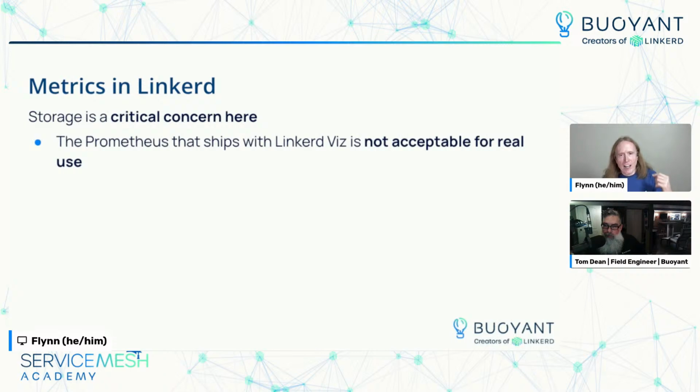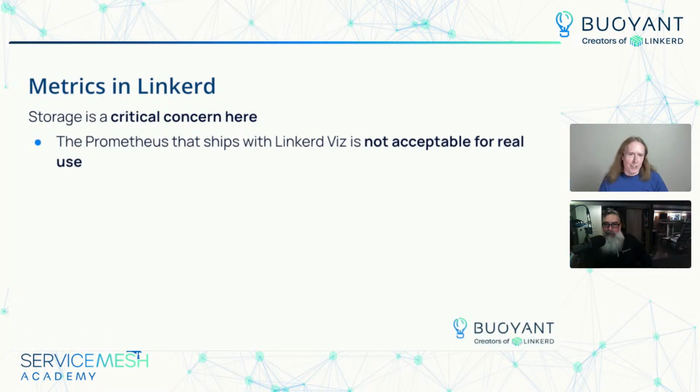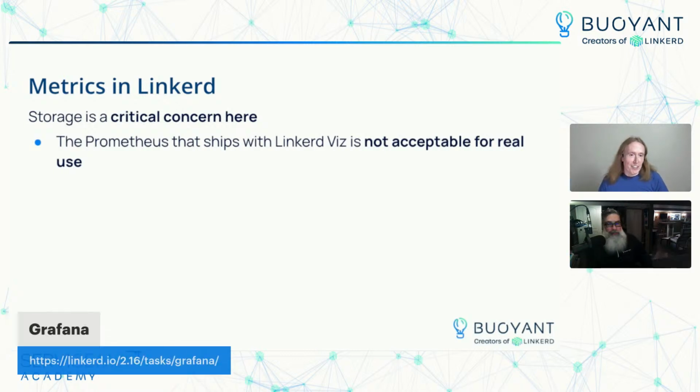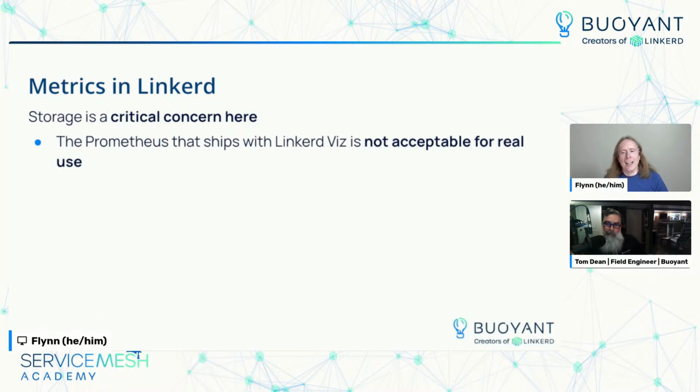Never, ever, ever use the Prometheus installed by Linkerd Viz for anything real. There are two reasons for that. The first is that it has non-persistent storage, so every time the pod restarts, you will lose all of your time series. The second is that even if it doesn't restart, it's deliberately set up to throw things away after 6 hours.